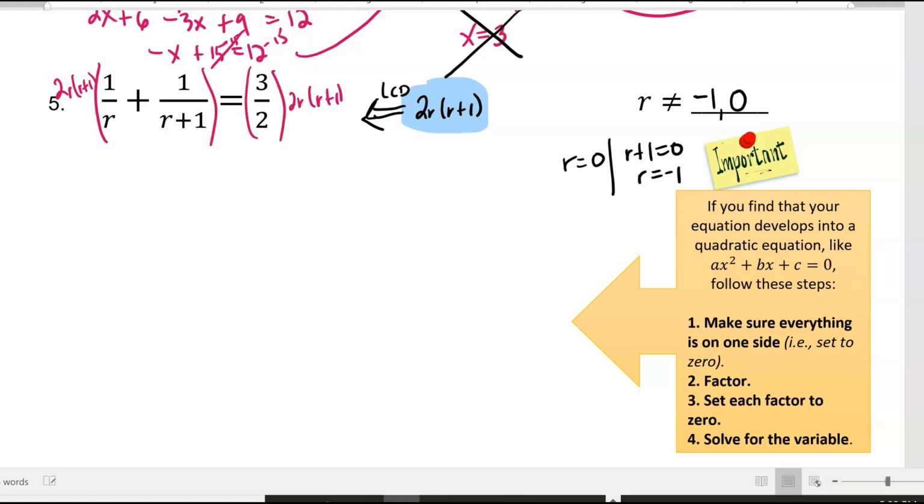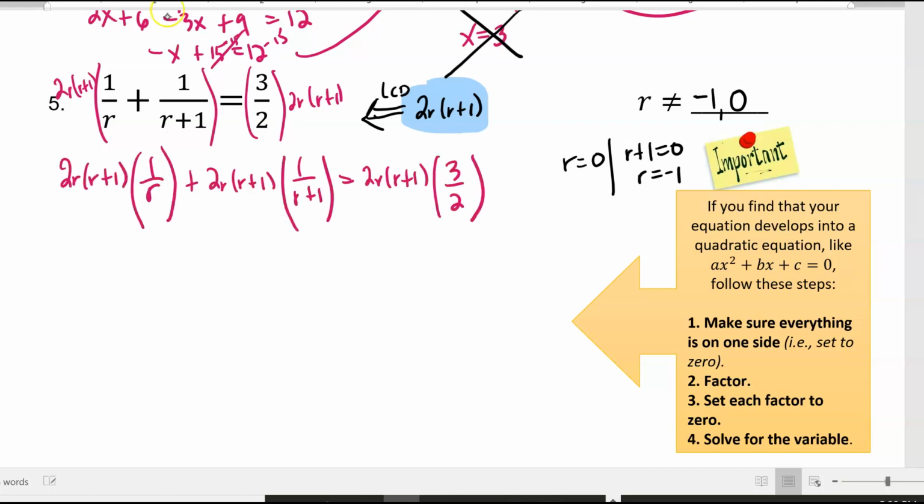So let me write this one all the way out. I was skipping that step for the past 2 or 3 problems, but let's write it all out so you can see what actually cancels. What happens on the left here? The r's cancel, and they should. If you still have a denominator left, you know that you did not multiply by the correct LCD.